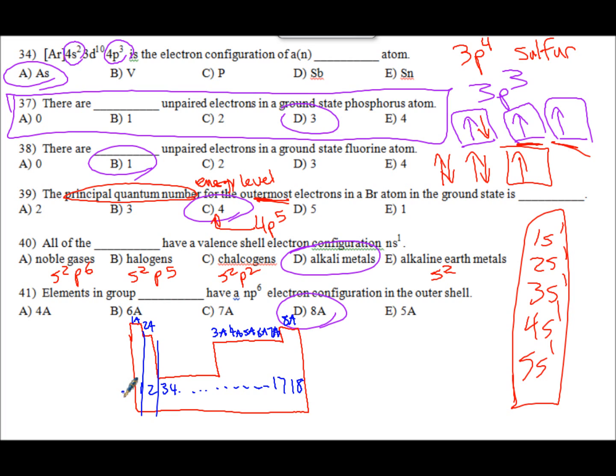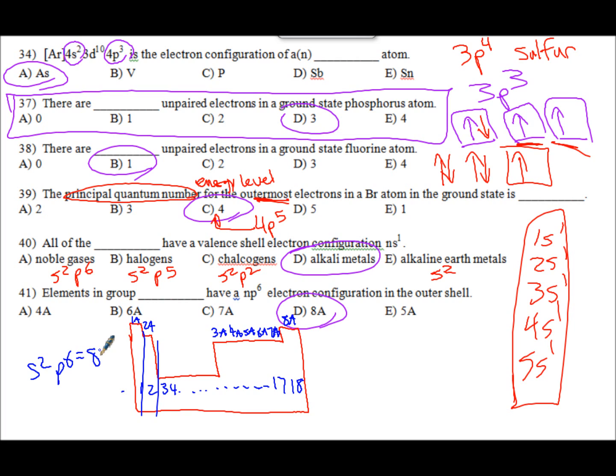And the reason people do this other A system is those numbers end up representing the valence electrons. So noble gases have 8 valence electrons. They are all s2p6. 2 plus 6 equals 8. So they're in group 8A, which is also sometimes called group 18.